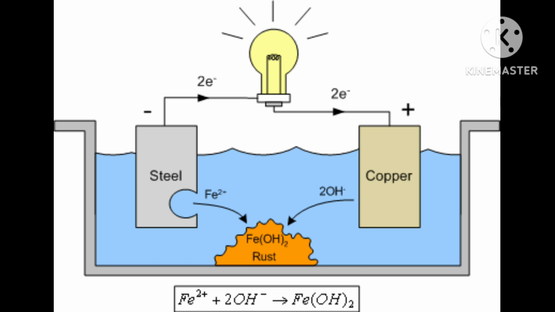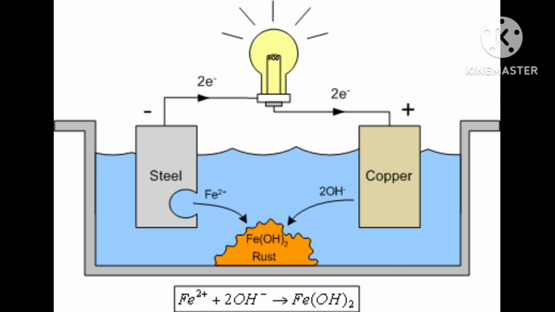Each Fe gives 2 electrons, so 2Fe gives 4 electrons and forms 2Fe2+. This can create potential also, because it is oxidation potential. If we write Fe2+ in the form of reduction, then Fe2+ will convert to Fe.